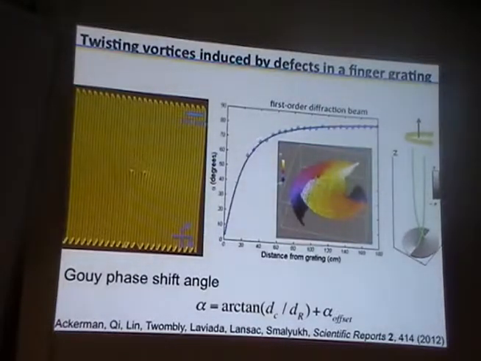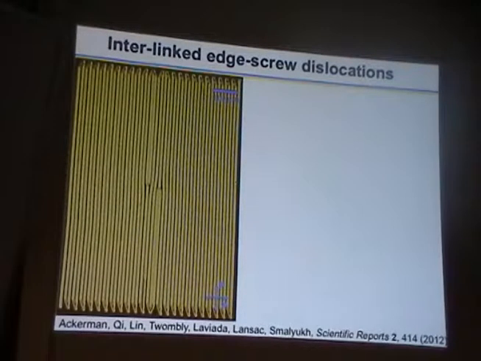And here you can see that the measured angle is actually in good agreement with theoretical predictions that one would expect for this case. So this in principle could be used to measure distance in certain cases.